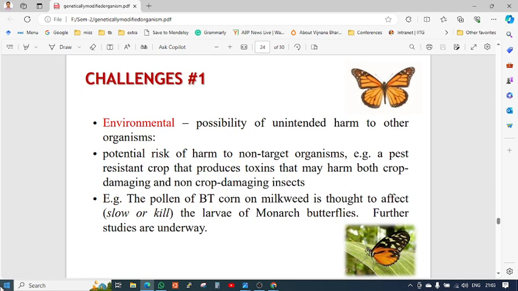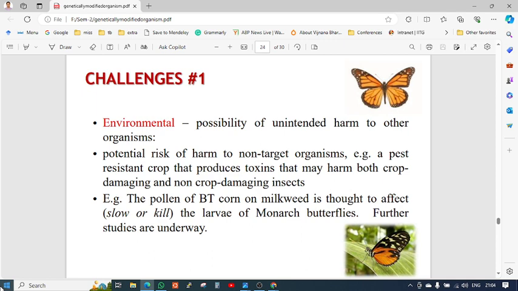If we are targeting particular organisms, but by mistake or by side effect, they also kill or harm other organisms. For example, a pest resistant crop that produces toxin may harm both the crop and non-target insects. There are good insects and bad insects, good microbes and bad microbes.